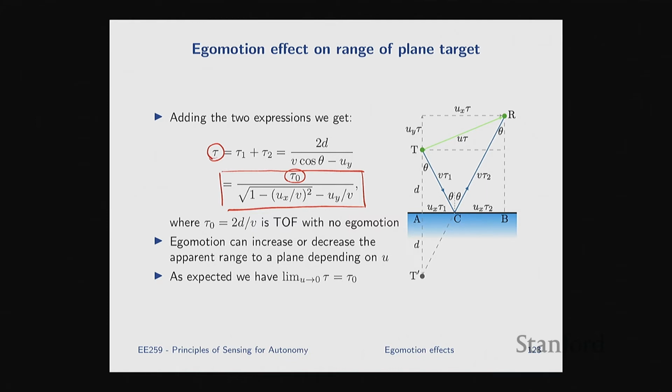But now, because of the ego motion, you have this dependency on the x and the y component of your ego velocity. In the case of a planar target, depending on what ux and uy are, you can measure a time of flight that is bigger or smaller than tau 0, the stationary case, which kind of makes sense. If you're moving towards the wall, for instance, you're going to measure a shorter time of flight. If you're moving away from it, you're going to measure a longer time of flight.